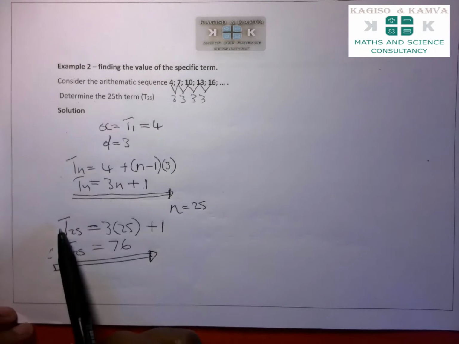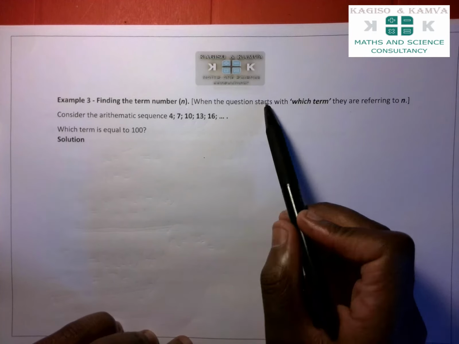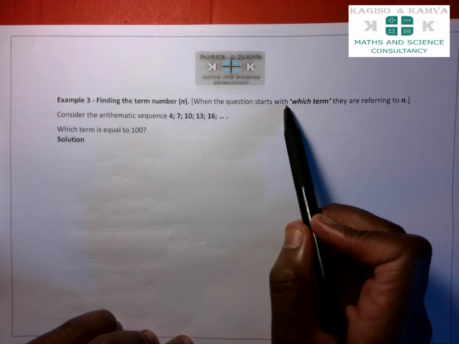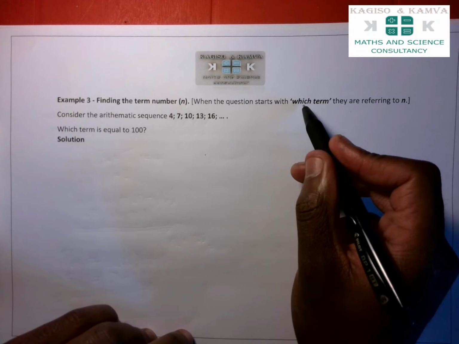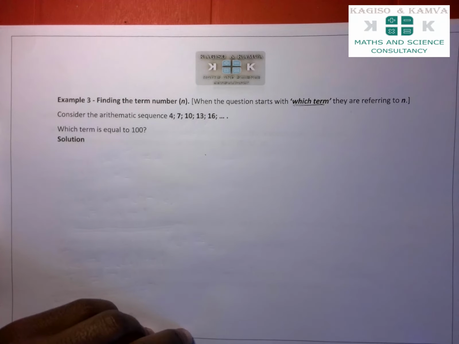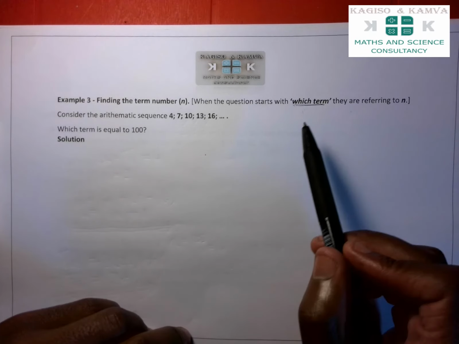Now let us move to example 3. Okay, now finding the term number. When the question starts with which term, you should know that they are not looking for the value of the term.